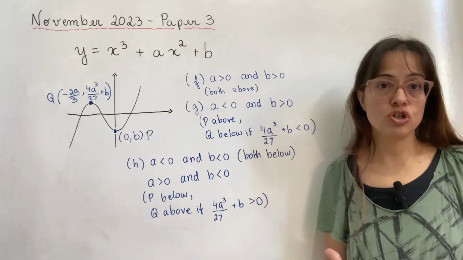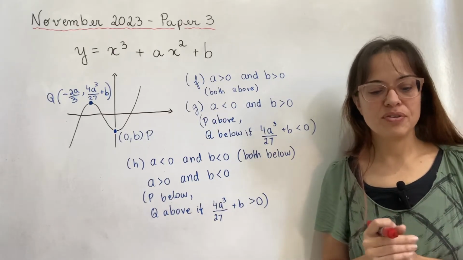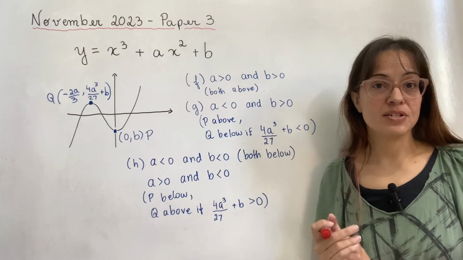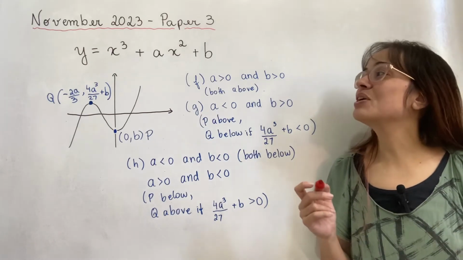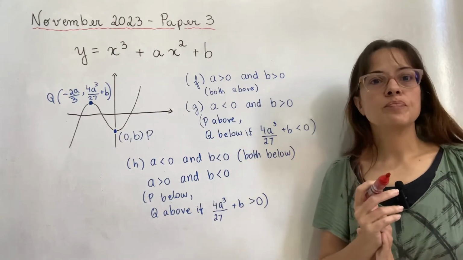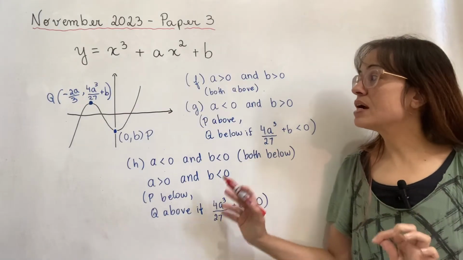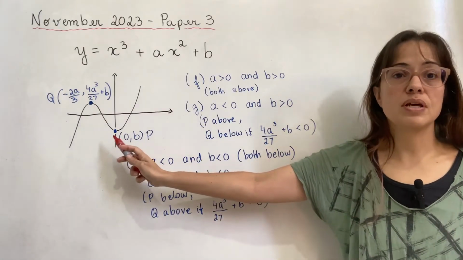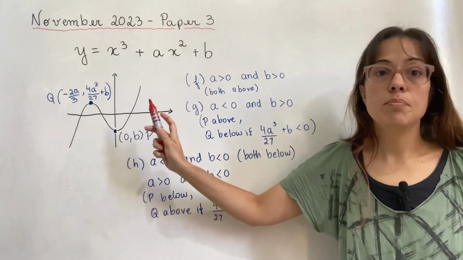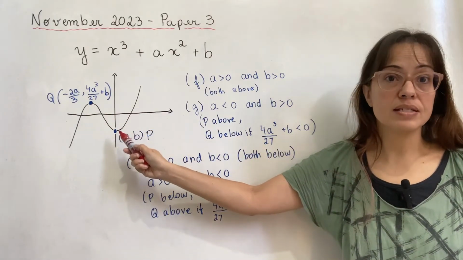The actual question is about the conditions on A and B for the function to have 3 x-intercepts. That's not the way he's phrasing the question, but it is. It's what conditions on A and B for us to have 3 x-intercepts. A long time ago, he pointed out to us that 3 x-intercepts means that one of these points is above and the other is below the axis.